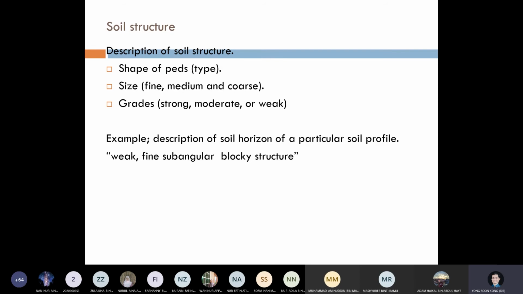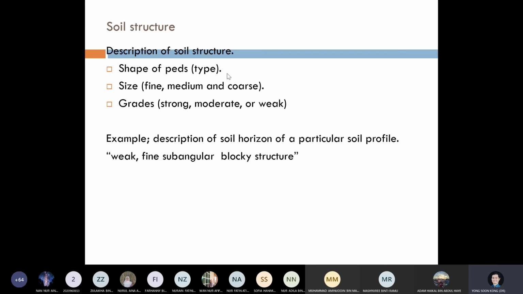In terms of the words that people use in defining the soil structure, first is the shape of the piece, like what we have gone through just now: angular, subangular, prismatic, plate-like. These are the terms that people use first, and then once that is given, then the size. How small are those particles?